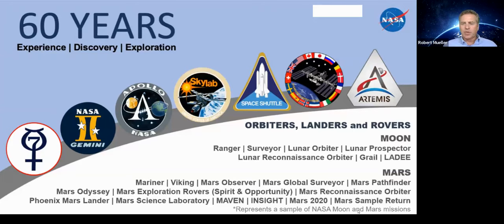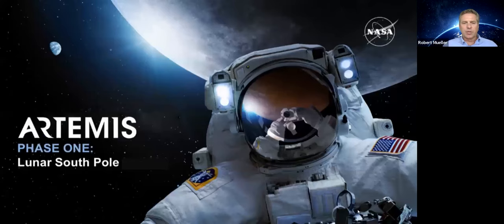We've had a variety of very successful missions to the moon that are listed there, and the Mars program has been outstanding. Nobody can argue with the success that NASA has had over the last 60 years. We really want to continue that success and lead the next generation on to the moon and beyond, to Mars, and then even further beyond Mars to the asteroid belt and beyond.